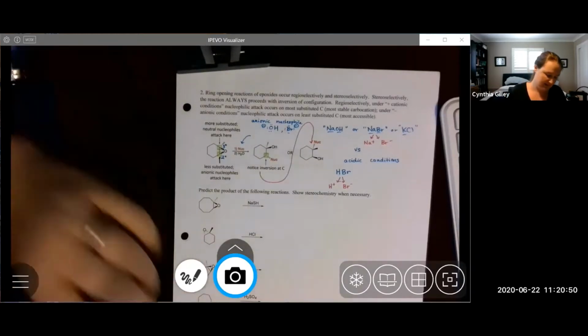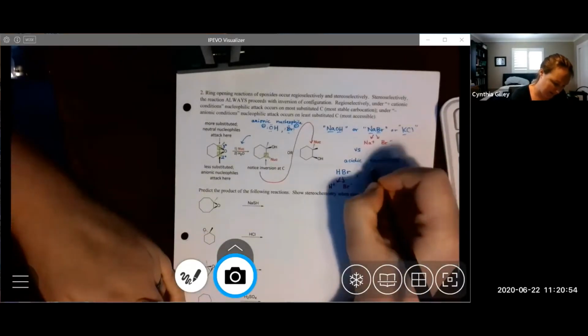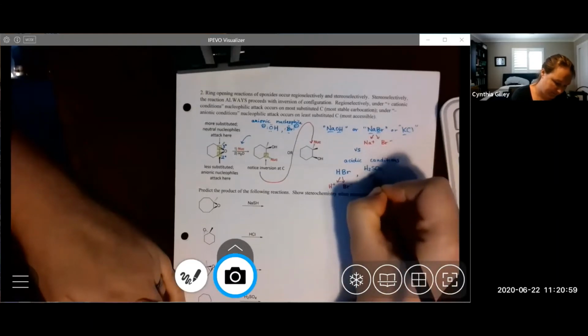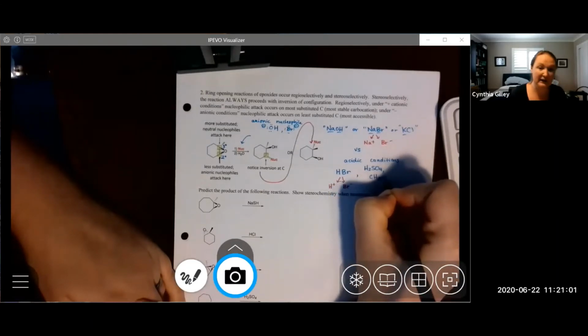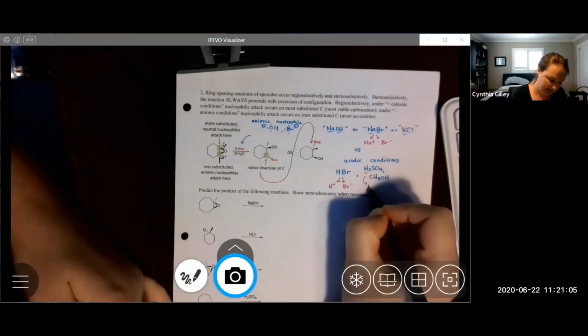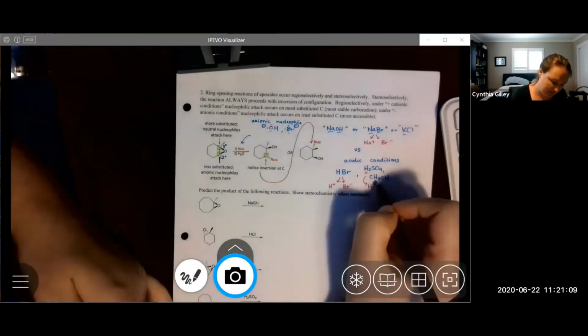That makes sense. Another condition they might write later on is H2SO4 and methanol. That's clearly adding an acid. This provides the H+, and the nucleophile is then just methanol.